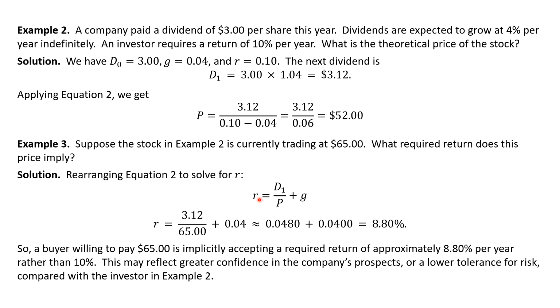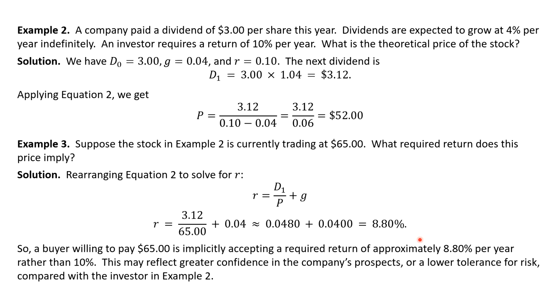So we can do that by solving equation 2 for R, which I've done here. Then we just plug in the numbers we have. We already computed D1 up here. So that's 3.12 divided by P, which we're given, the current price. And then we add in G, which is 0.04.